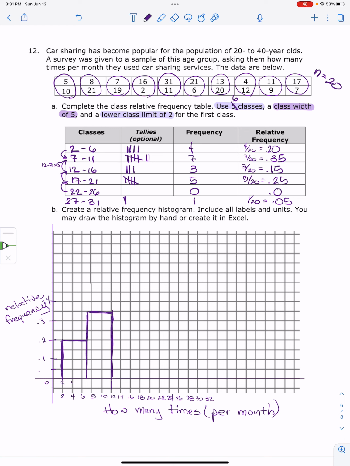My 12 to 17. Remember, I am going from lower class limit to lower class limit. Is at 15%.